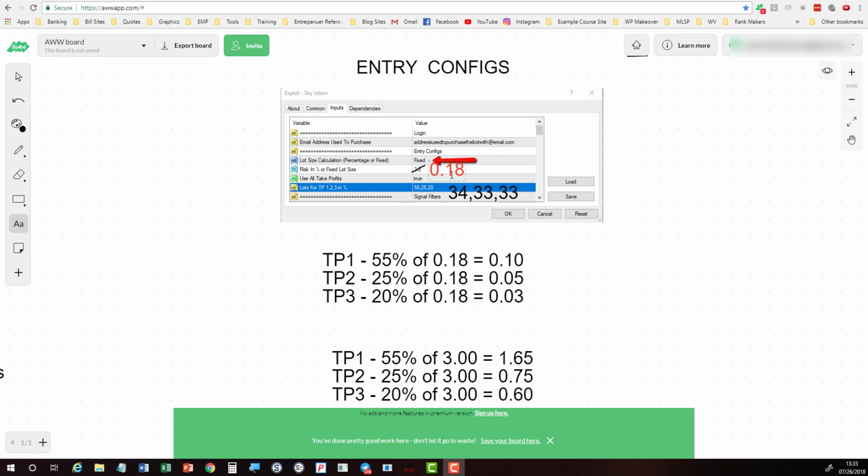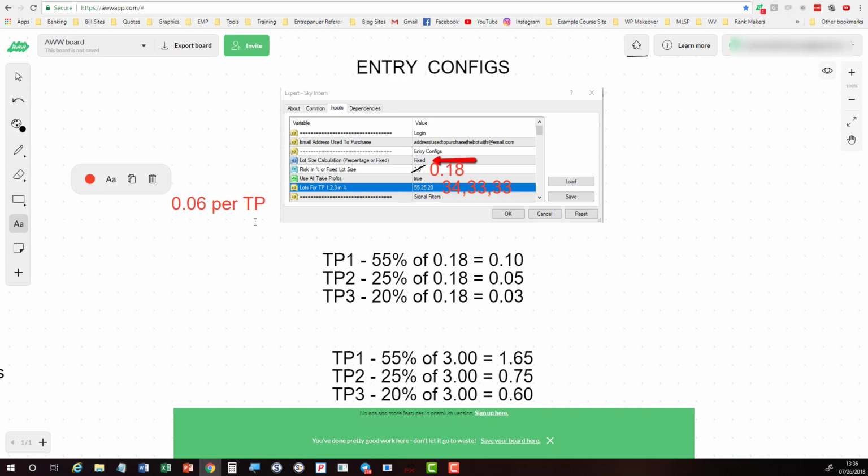So what it'll do is it'll take that total lot size and break it down into threes, so that your lot sizes are as close to even on every take profit as possible. And the math for that would basically break it down to 0.06 per TP.